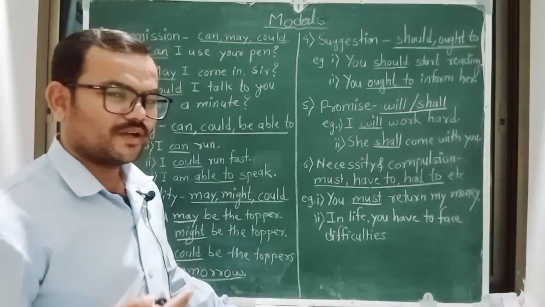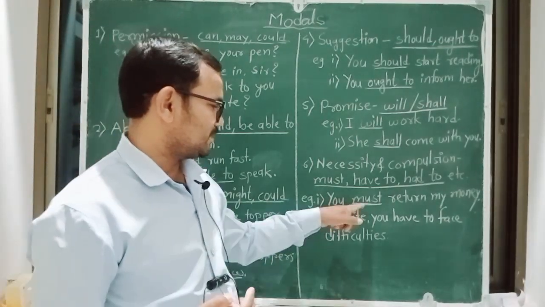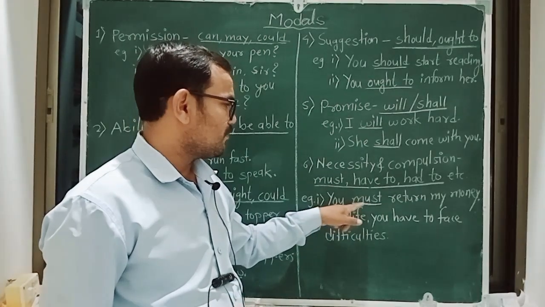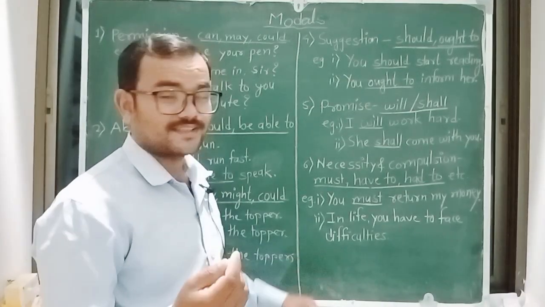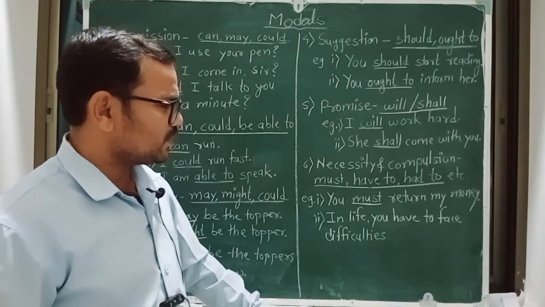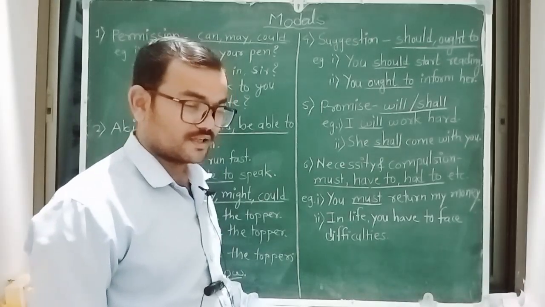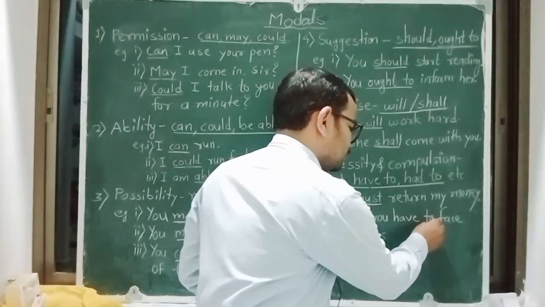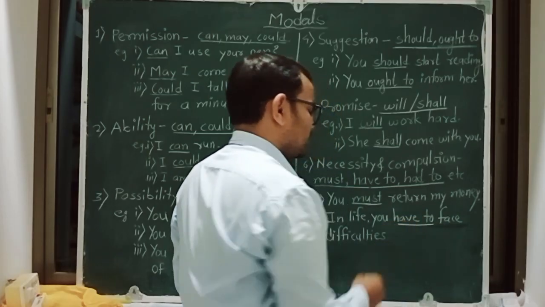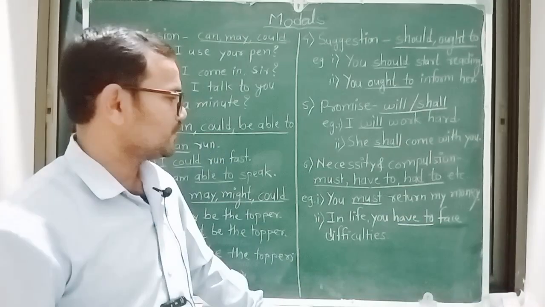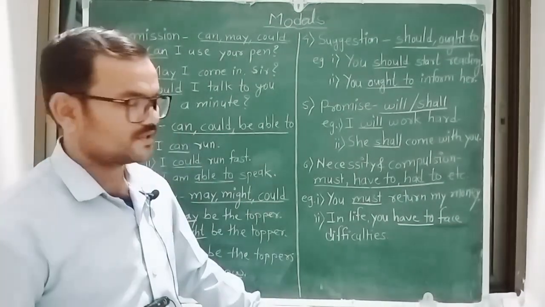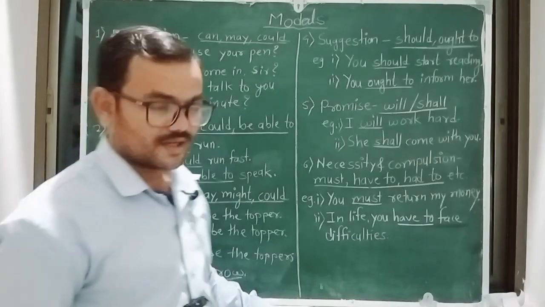Then the third type is modal auxiliaries expressing possibility: may, might, and could. May indicates stronger possibility, might indicates weaker possibility than may, and could indicates possibilities in the future. Then modal auxiliaries expressing suggestion, advice, or duty: should and ought to.